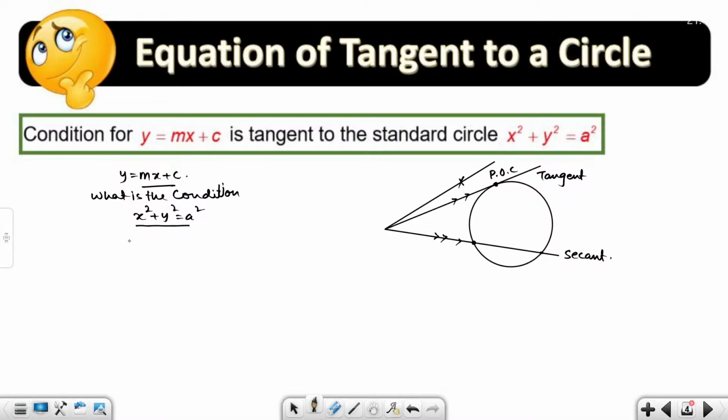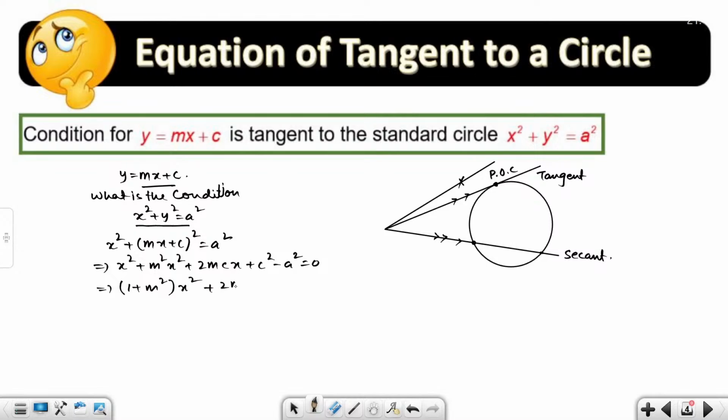So if I solve these two equations, what are we going to have? Let me expand this. So we are actually getting, right. Now, it is a quadratic equation in x.